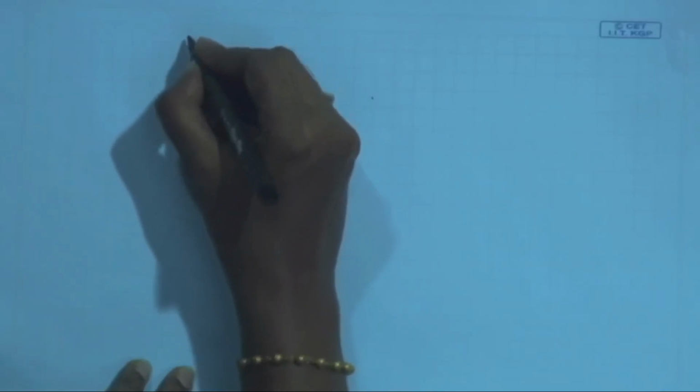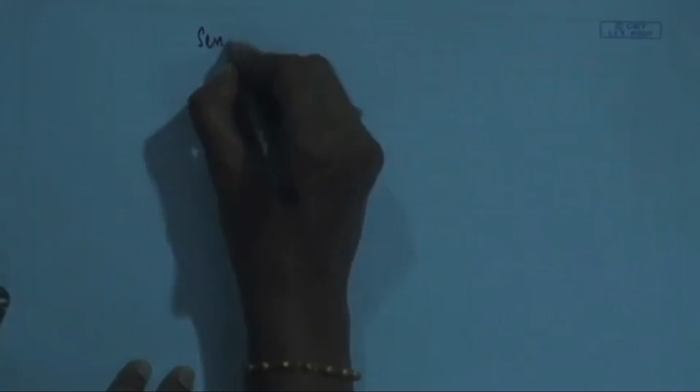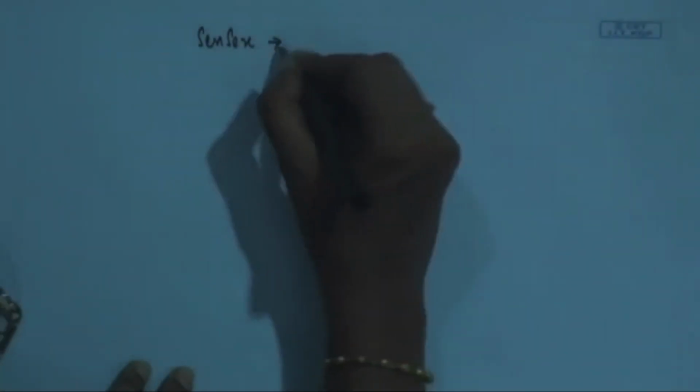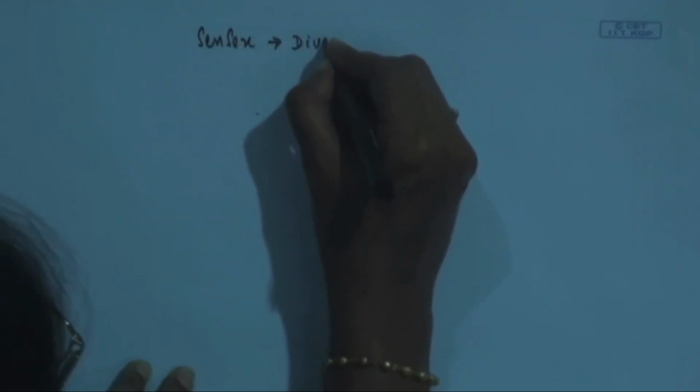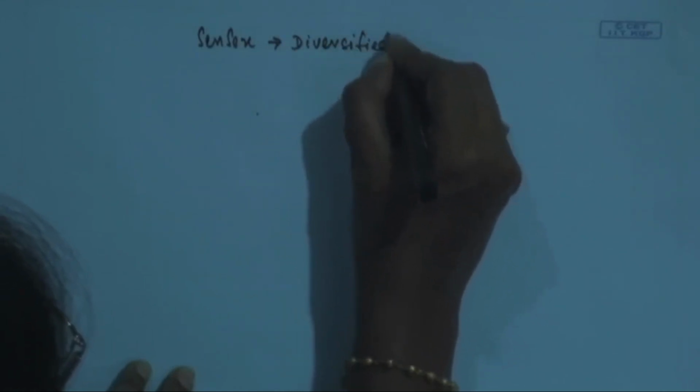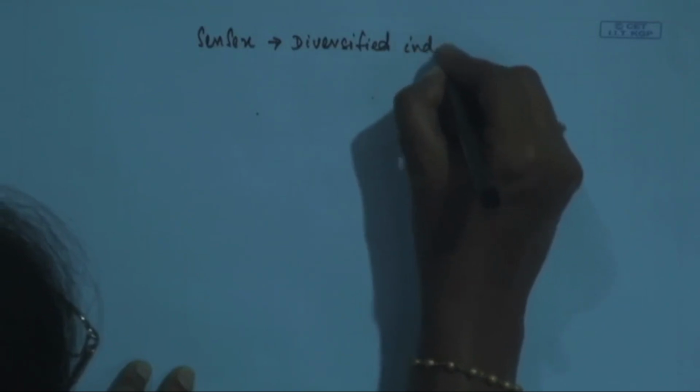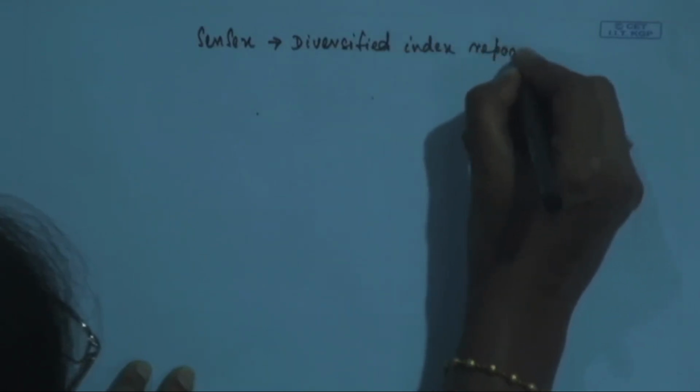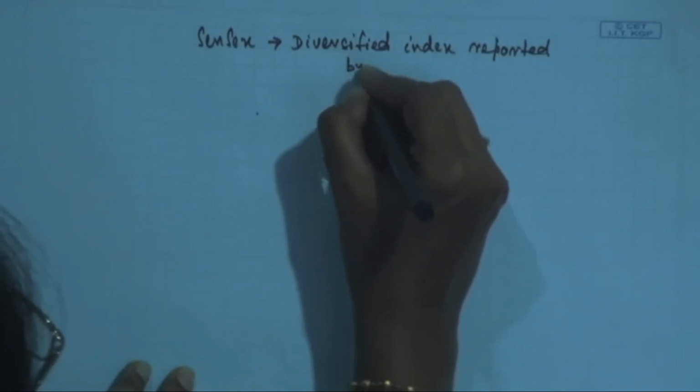So before I go into the discussion of how commodity indices get calculated, let's spend maybe a couple of minutes understanding how stock indices are calculated. All of us know Sensex is the diversified index reported by Bombay Stock Exchange.